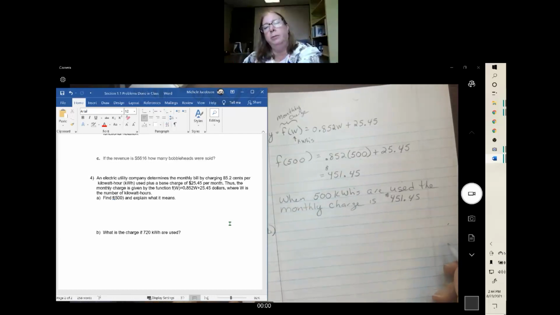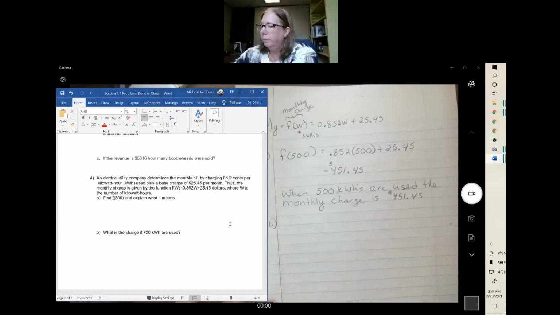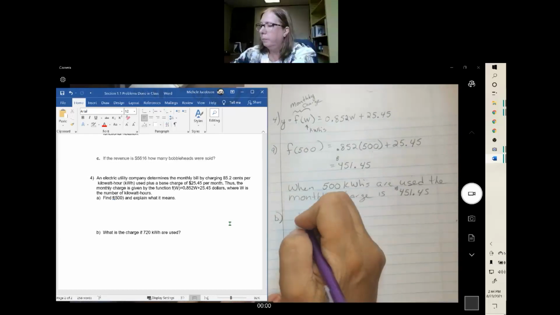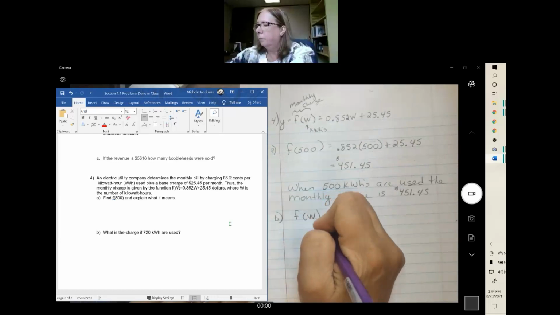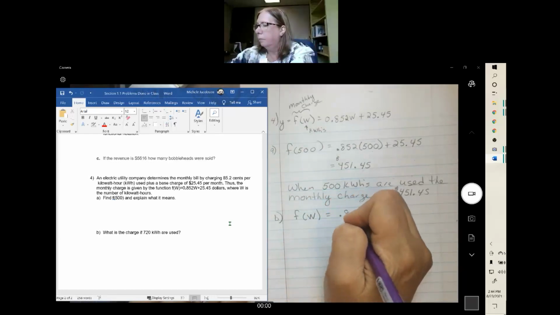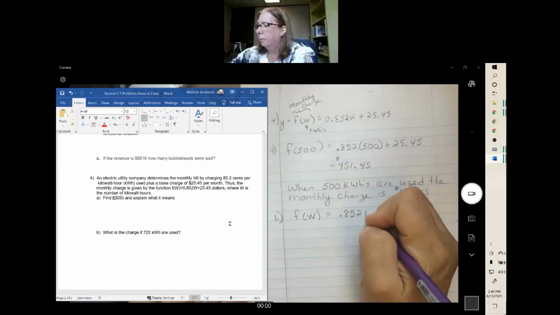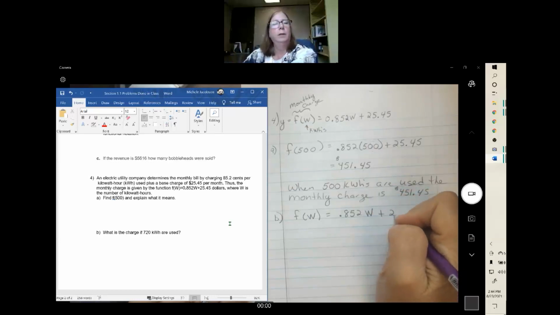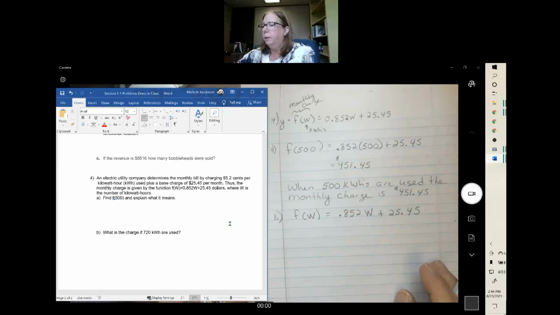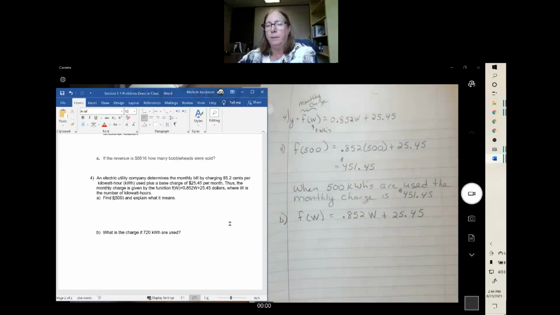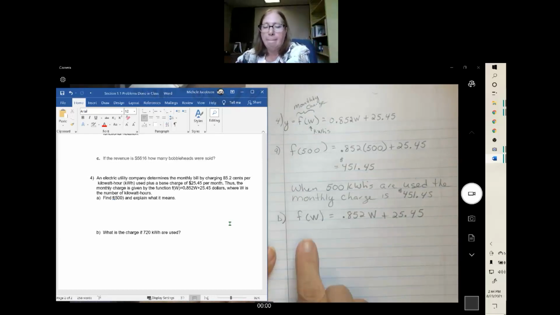What is the charge if 720 kilowatt hours are used? So if they're giving us 720 kilowatt hours, are we plugging it in for W or f of W?